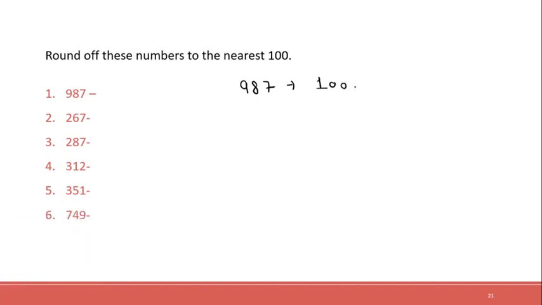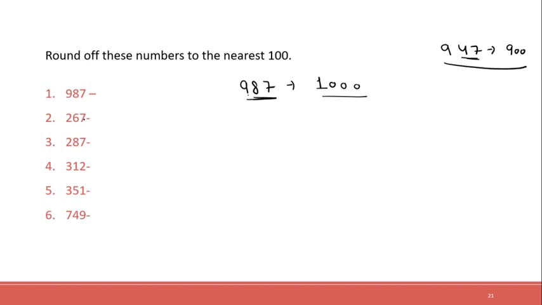Yes, it will be rounded off to 1000. And if it was 947, then we will round it off to 900. Got it? Note the difference here: because it is less than 50, we'll round it off to the previous 100. It is more than 50, we will round it off to the next hundreds. So here the answer is 1000.